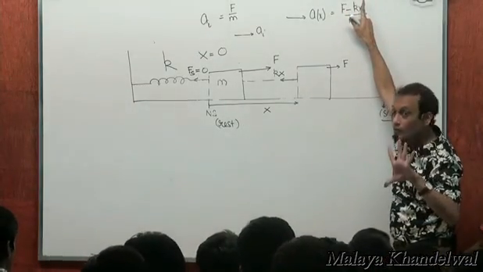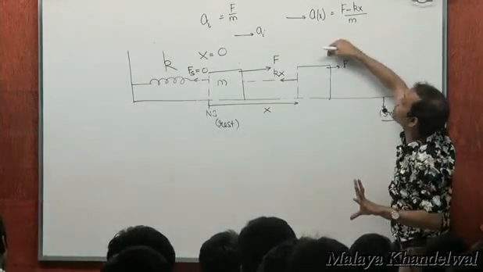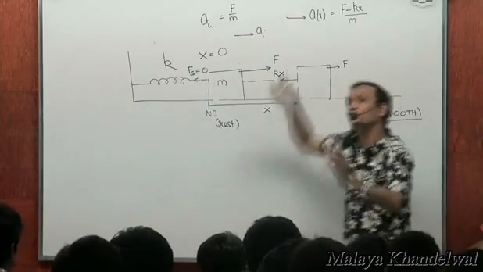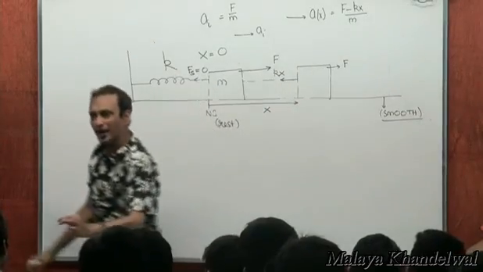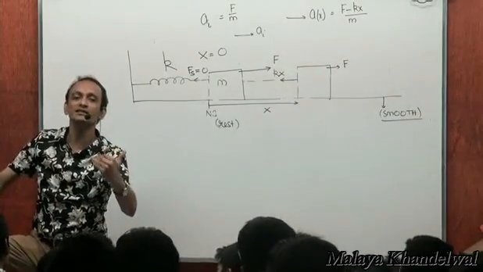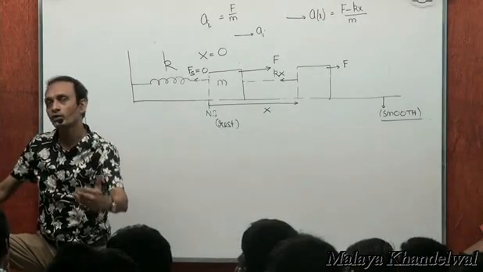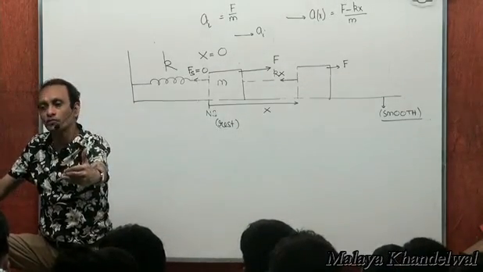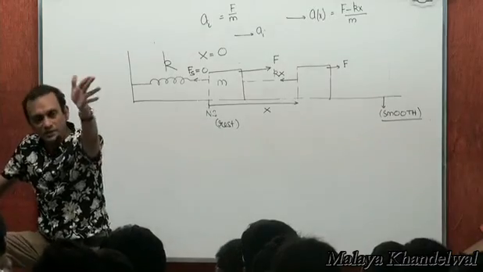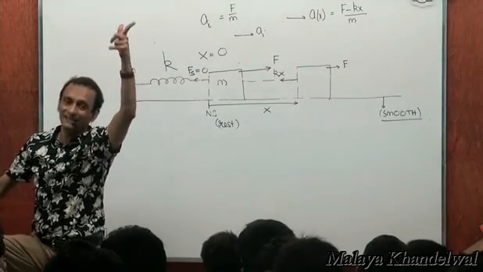But as long as F is greater than kx, the acceleration would be to the right. Even though the acceleration might be decreasing in magnitude, the velocity continues to increase. See, at one instant the acceleration is 5 meters per second squared. Next instant the acceleration is 4 meters per second squared, then 3. Agreed that the acceleration is decreasing, but the velocity will still increase.